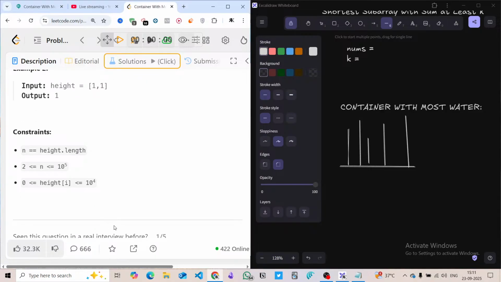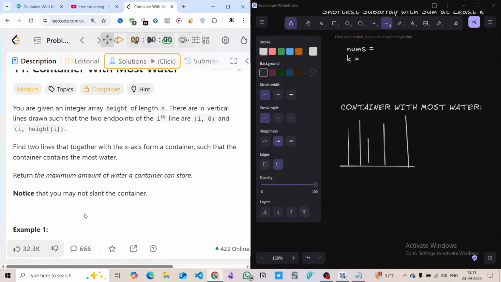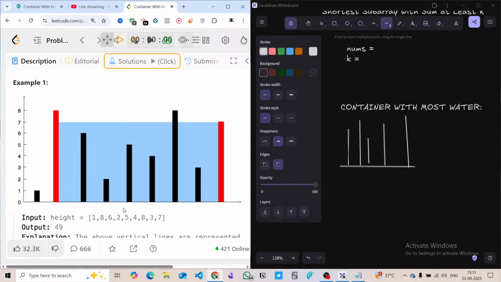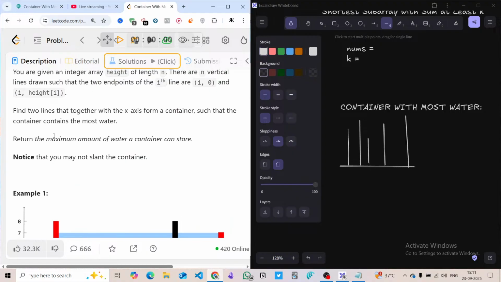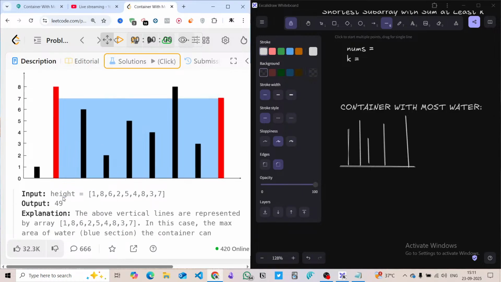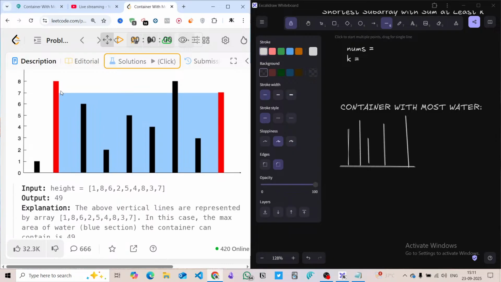So what this problem expects us to solve is we need to be a little bit greedy about this problem. So we need to store maximum water from these containers such that, for example, let's say here the value 49 comes out.